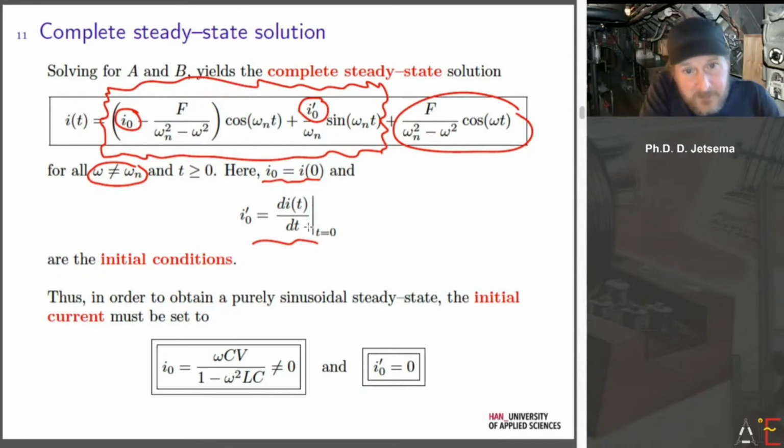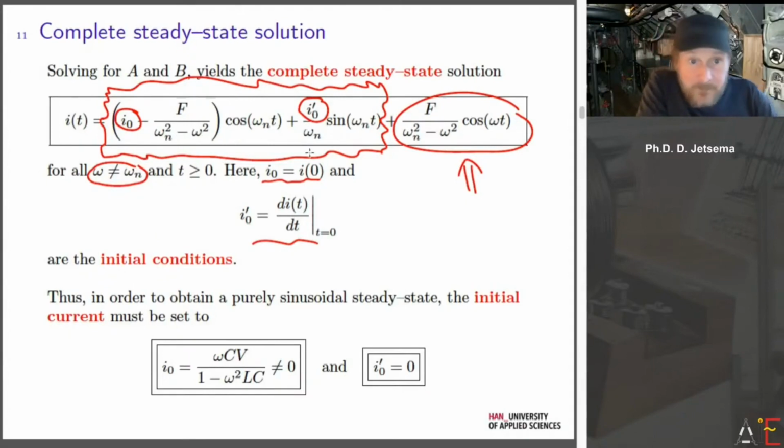And this is the initial condition for the rate of change of the current, the time derivative of the current. These determine whether only this solution is valid, or whether you have some other terms that are not taken into account by phasor algebra.